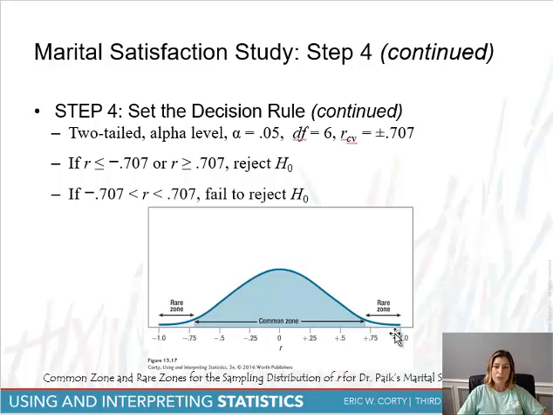So here's our rare zone on either side of the tail. So that's our decision rule. So again, what this tells us is that if we end up calculating a statistic that is 0.707 or greater, or minus 0.707 or less, so if our value of R falls in this rare zone, it's considered statistically rare.